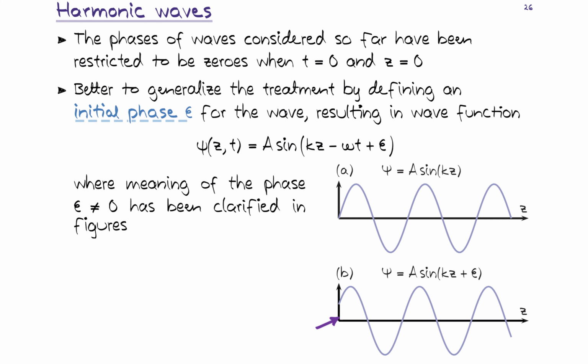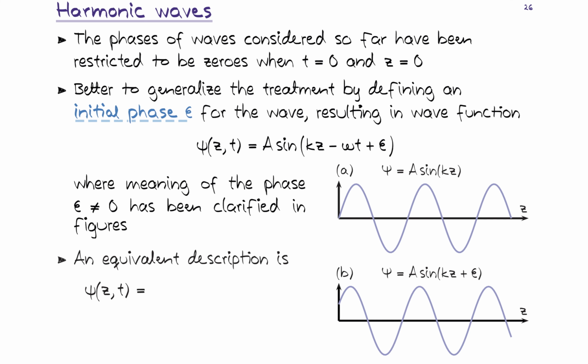And now when we have an initial phase epsilon that is not 0, we can actually adjust what the phase is in here. And this is absolutely what we need when we start summing many waves together, because we really need to be adjusting the relative phases of the different waves, because that gives us either constructive interference or destructive interference. And needless to say, we could equivalently describe everything using cosines.